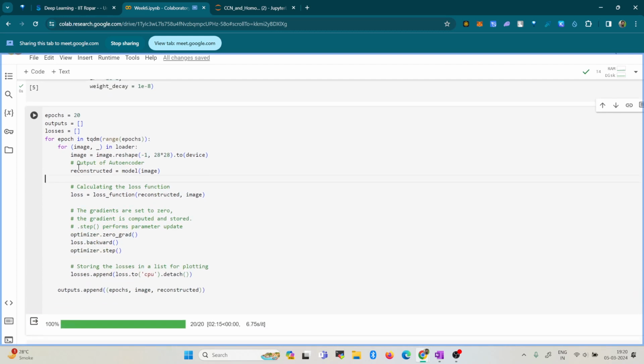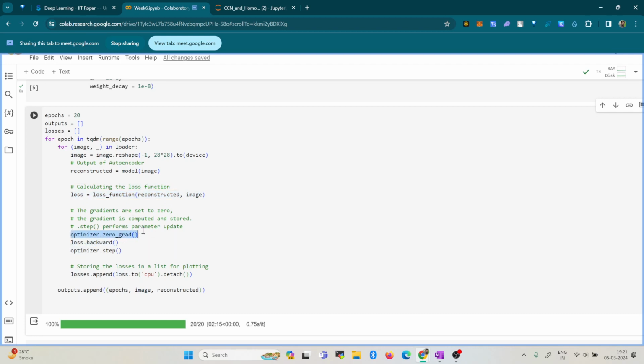So now I pass this image through my model. Whenever I have written this, reconstructed is equal to model image, what will PyTorch do? It will automatically create a graph where it would know that this weight is being used to calculate this reconstructed. I then pass this reconstructed and image into the loss function to calculate loss, and then I do a loss dot backward step.